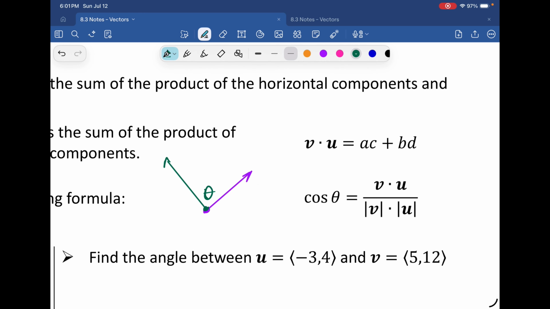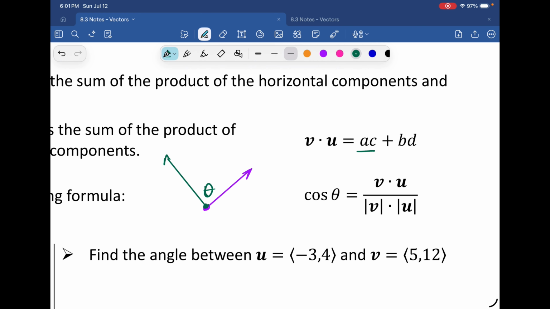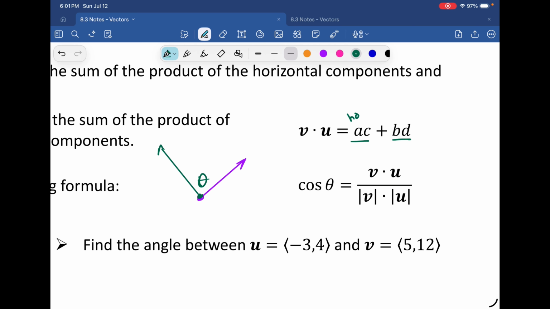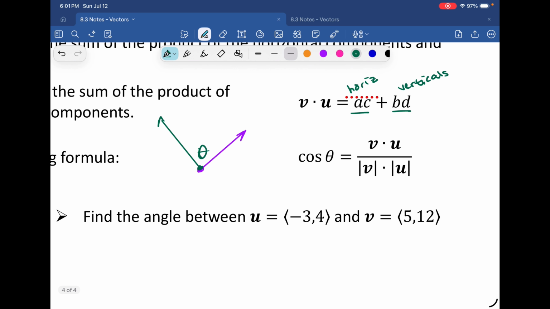So the dot product takes the product of the horizontals and adds the product of the verticals. And then we use cosine. Cosine takes the dot product of the vectors divided by the product of the magnitudes. So we need the dot product and both magnitudes.